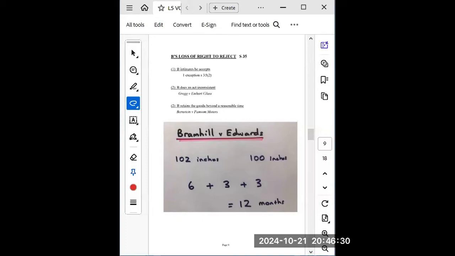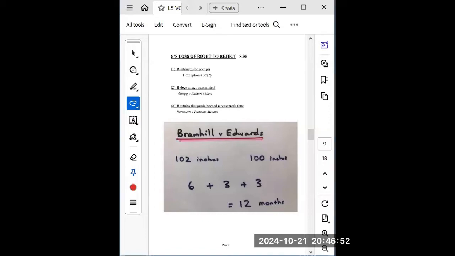Go back to the case we looked at, Bernstein against Panzer Motors. This was one of the brand new car cases we looked at under Section 14, satisfactory quality. The brand new Nissan was delivered to the buyer, but he was an old man and he was ill.